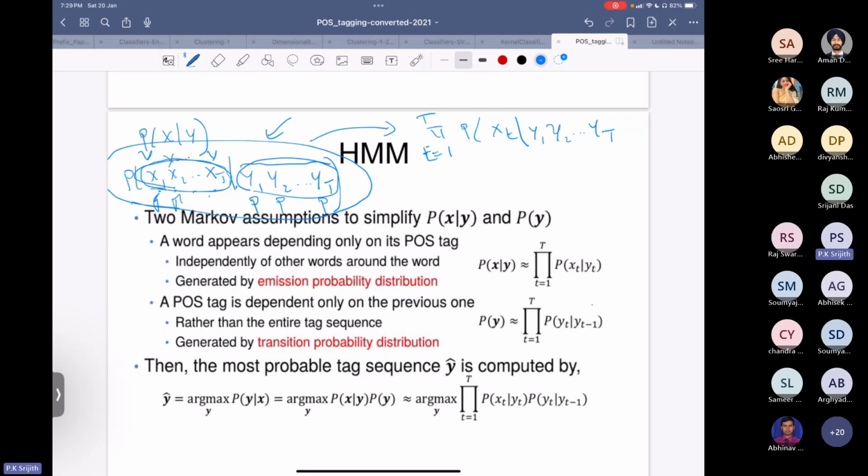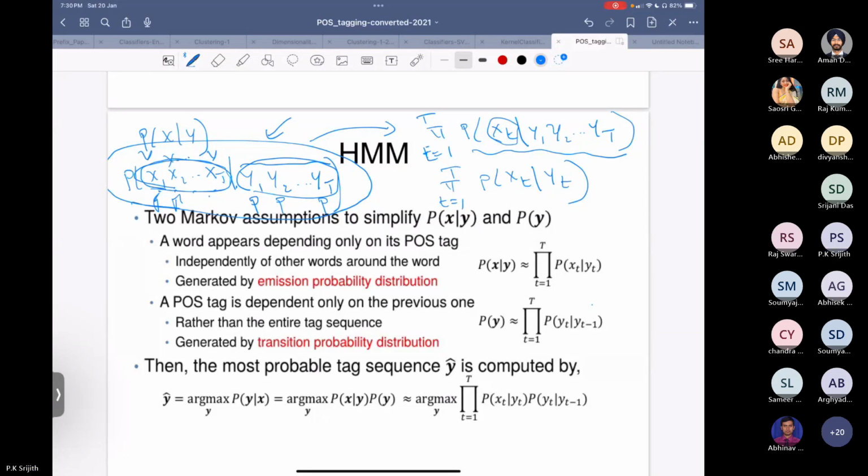And here we can further simplify this, saying that the tth component xt only depends upon its corresponding yt, and it does not depend upon other labels y1, y2, or yt plus 1, yt plus 2, etc. You write this as product t equal to 1 to capital T, p of xt given yt.